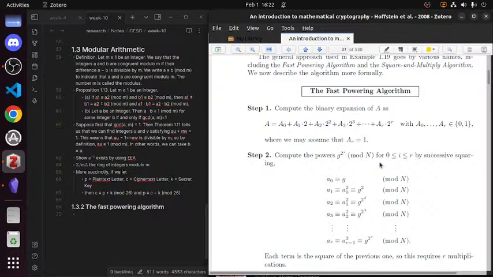Oh, okay. So they're bits. It's all in binary. I get it. Yes. To make it faster, we assume A_r equals 1.